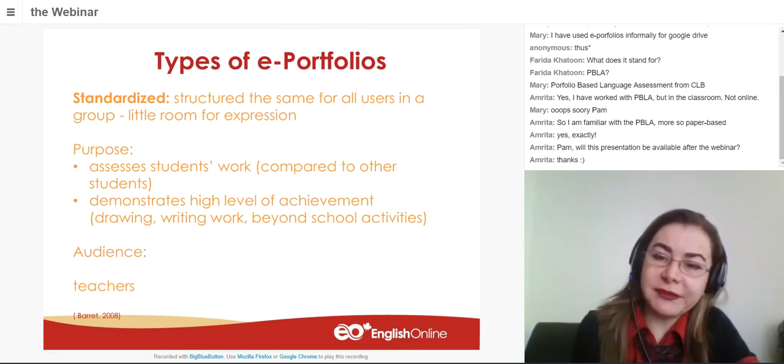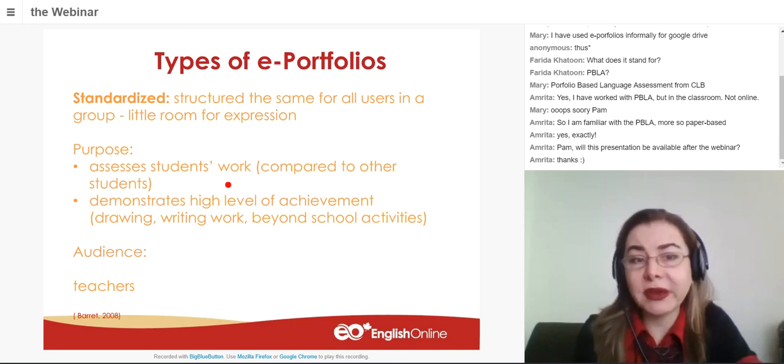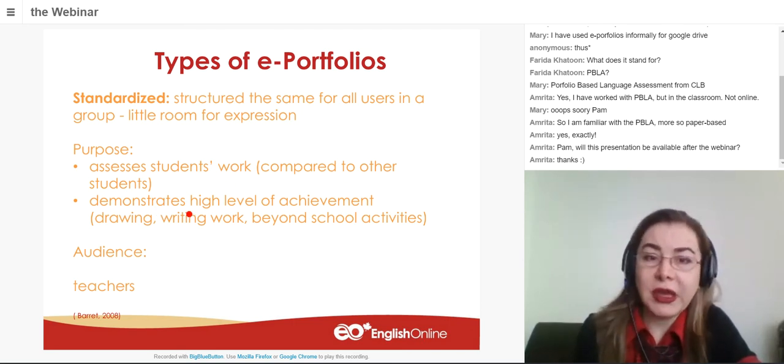which sometimes defeats the purpose of using an e-portfolio, because it should be more about leaving it for the learner to express himself or herself. But mainly it's used for assessing students' work, okay, compared to other students.